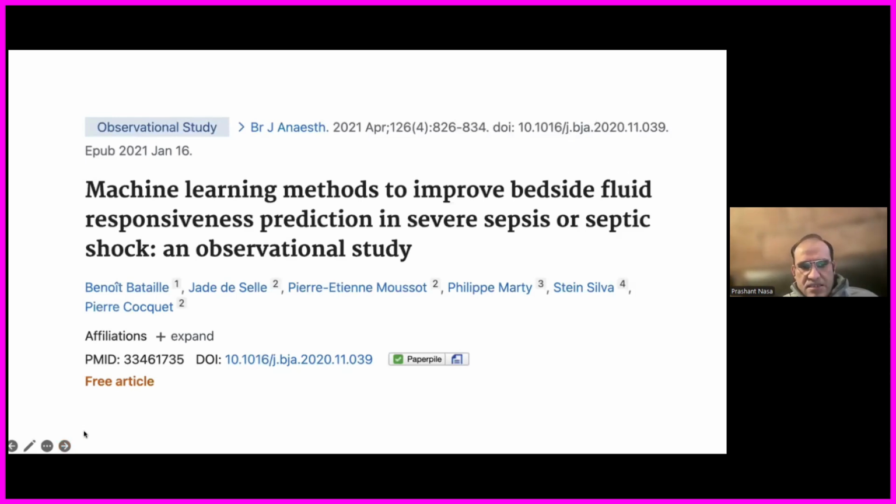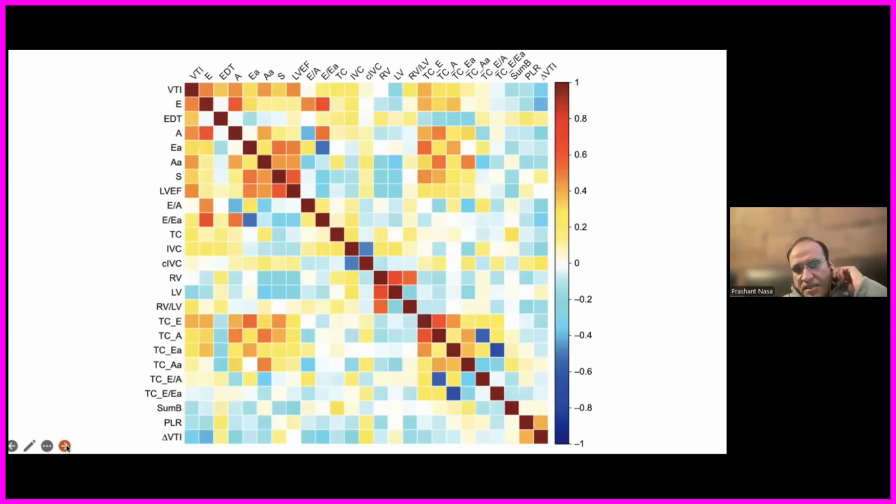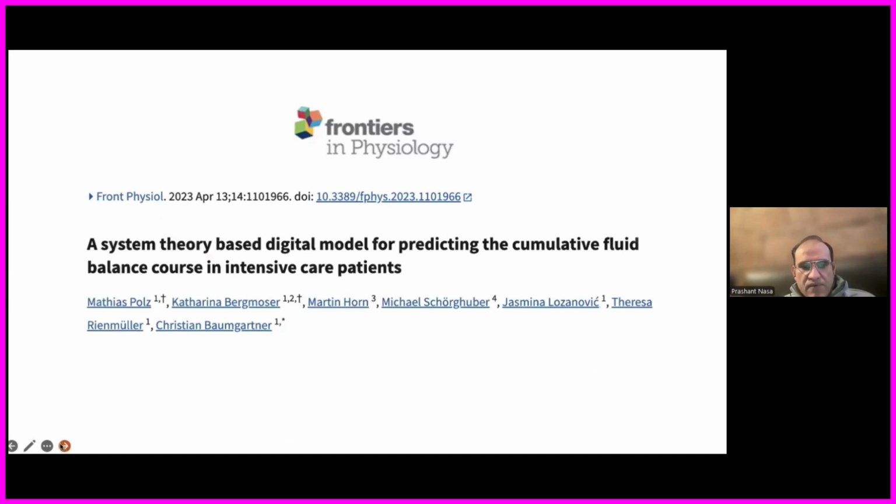And finally, this simple machine learning method has been used to predict fluid responsiveness in severe sepsis or septic shock. Again, this study utilized a lot of hemodynamic tools, and what they found was these tools worked better as compared to looking at passive leg raising or other tools.